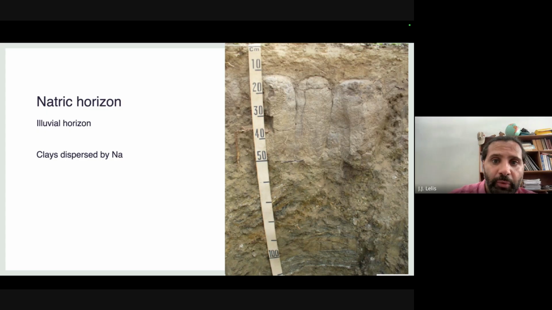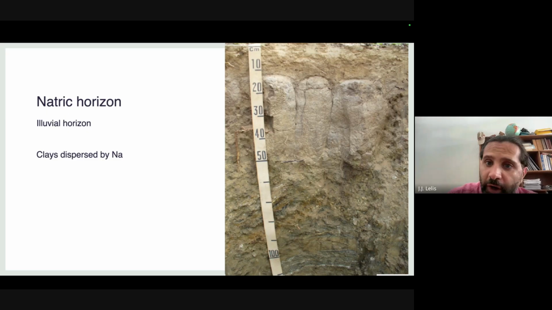And also we saw the natric horizon, which will also register clay eluviation. So it also registers a higher clay content at the subsurface horizons than the surface horizons. But in the case of the natric horizon, this clay migration is induced by a high content of sodium.